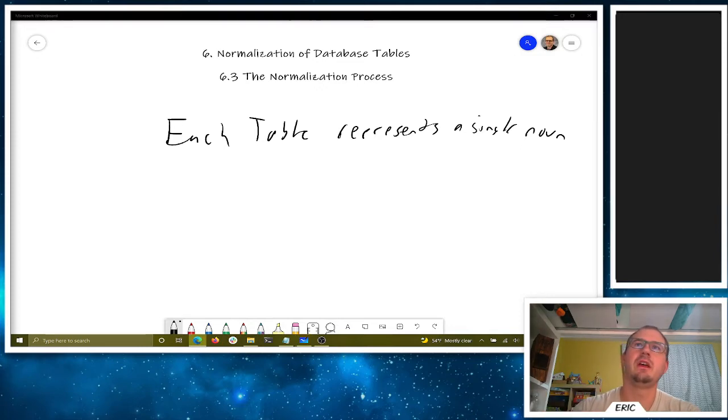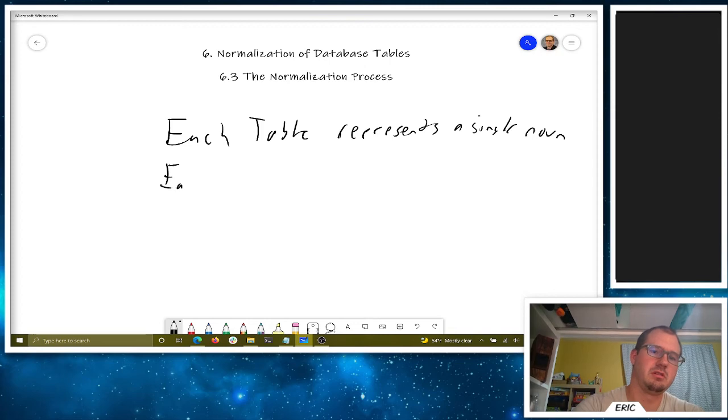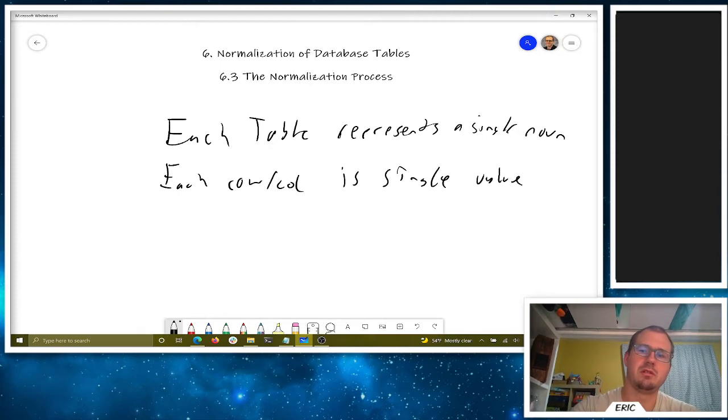And then we want each row and column, right? So for a given row, for a given column, it represents one value. So that's no multi-value here. Single value only.